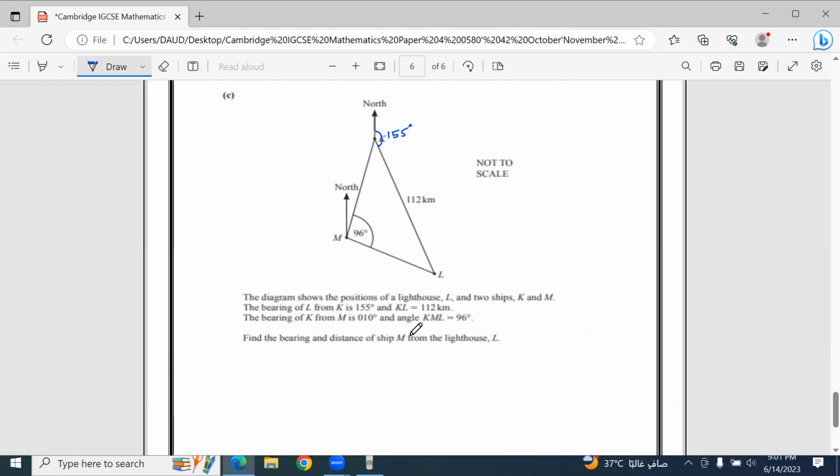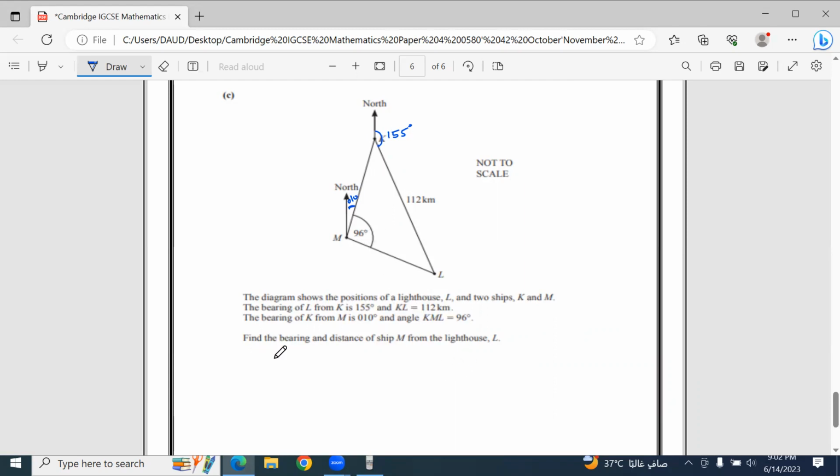And the distance we already know from the shape, which is 112 kilometer. And the bearing of K from M is 010, this one. And the angle inside, you can see that it's 96.